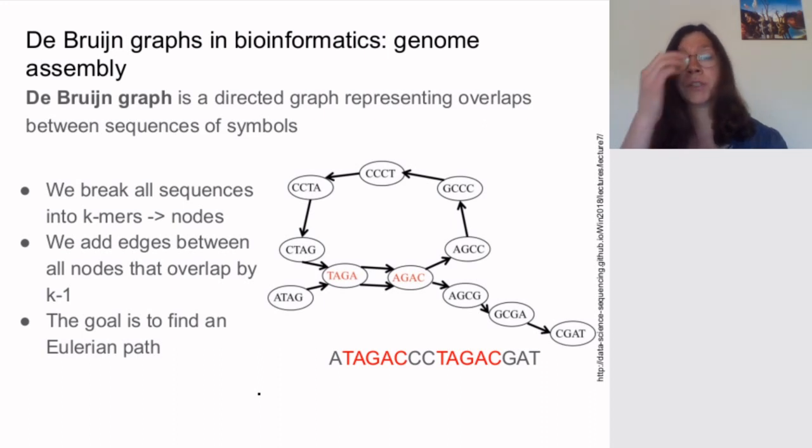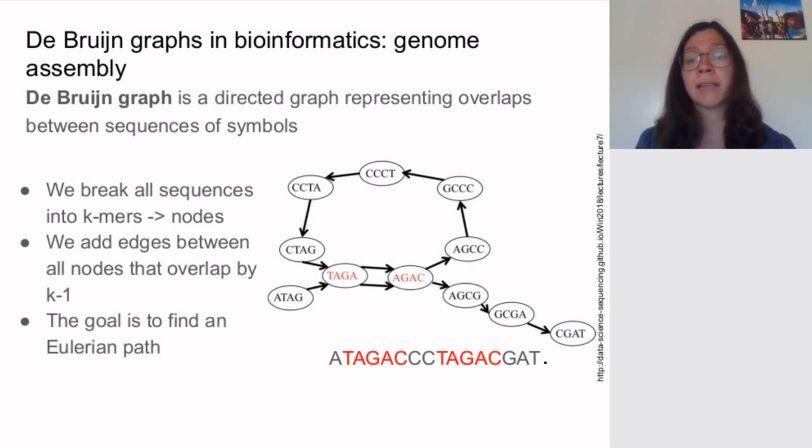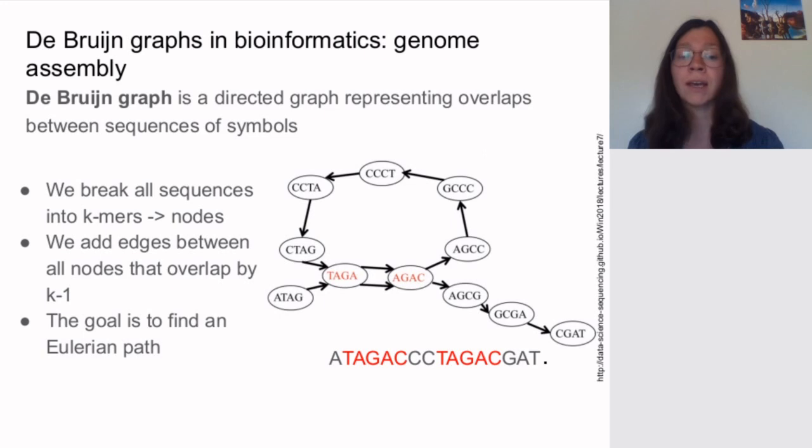So the graph on the picture is for this short sequence of nucleotides. And as you see, there is a cycle within that graph, and that cycle is caused by the fact that there is a sequence TAGAC that is repeated twice. After we created this graph, the goal is to simplify it as much as possible, because the data presented in a graph form is not really easy to use for any downstream application.